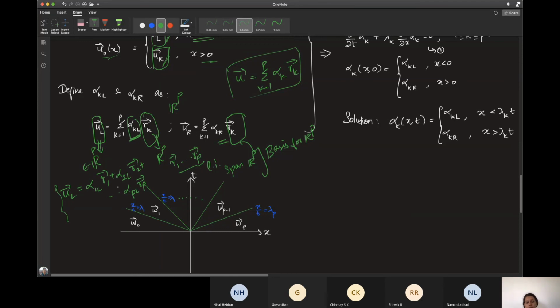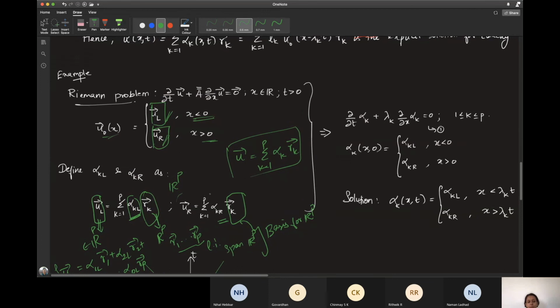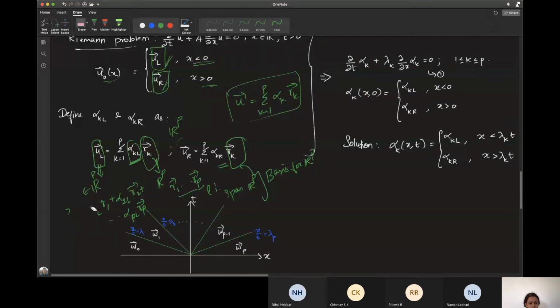So this is your ul vector now. Similarly, the ur vector can also be written as alpha 1r r1 vector plus, and so on. So you're actually just writing these.